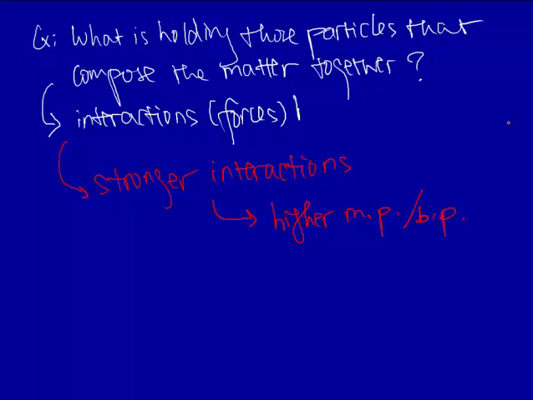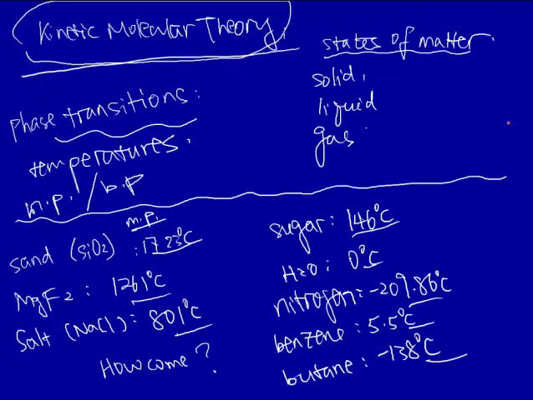It kind of makes sense. Essentially the thermal energy has to be taken in to overcome the attractions between those particles in order for them to start to move more, to go from solid to liquid. So you can see here, silicon dioxide has very strong forces holding the particles together.